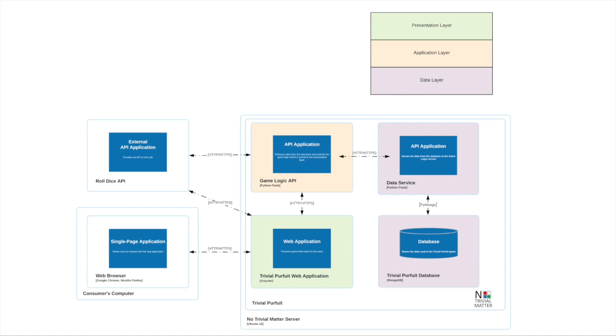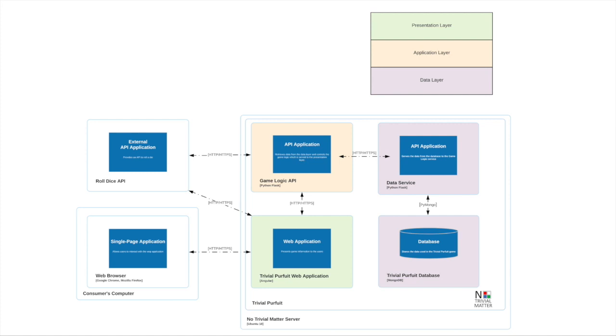The presentation layer consists of a web application, which the users interact with via a web browser. When users take actions in the game, they are registered in the presentation layer, which outputs any necessary information back to the user. When a given action requires game logic, such as moving a token, or game information, such as a question, the web application will send a request to the application layer to handle the request.